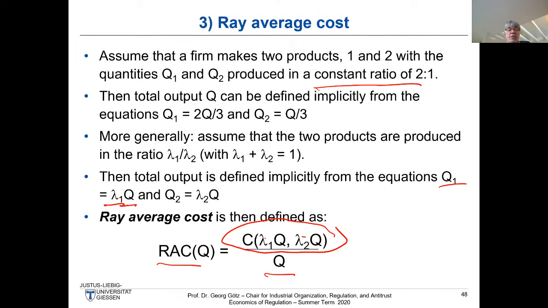Hopefully you got this point. You have to keep this ratio constant. Otherwise, the cost per car will change simply because you change the composition. If the share of Touaregs goes up, the cost per car would change. That's why it's so important to keep these ratios fixed.